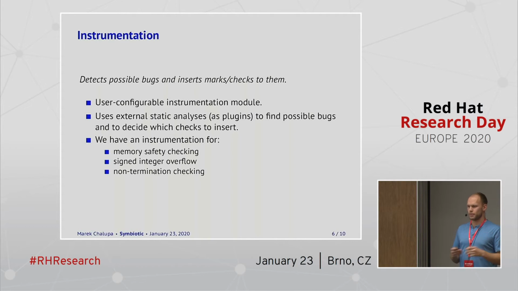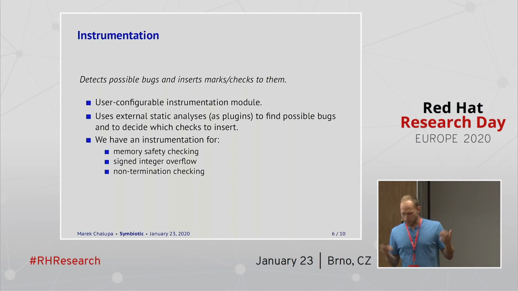But the main feature is that the instrumentation module can use some static analyses as plugins that scan the code and tell the instrumentation, okay, here you need to put the mark because there may be an error, and in other places they say, okay, here it's error-free, you don't need to insert any code here.